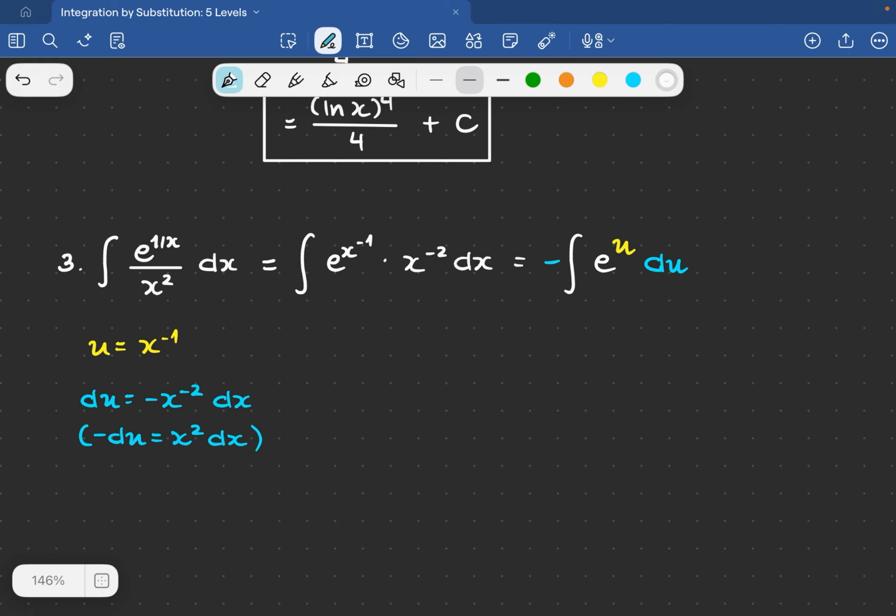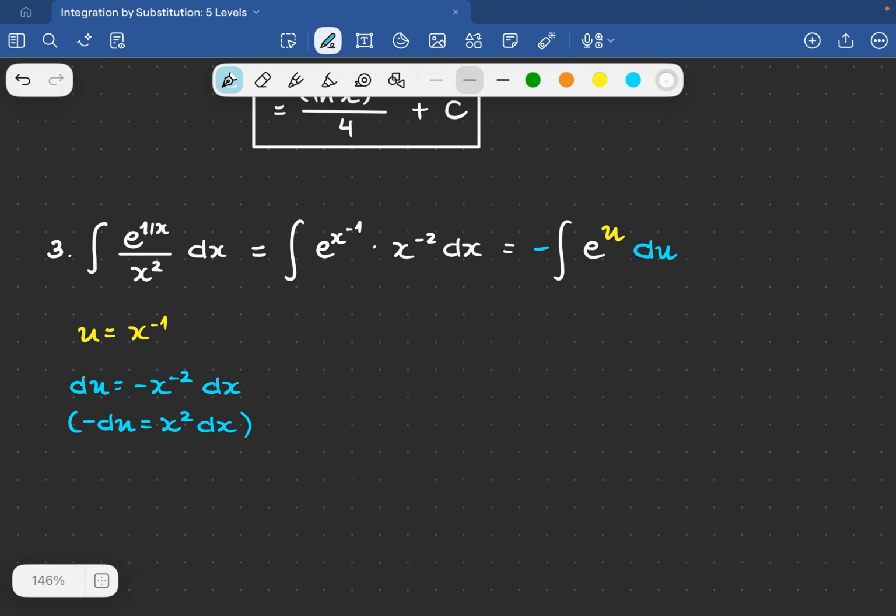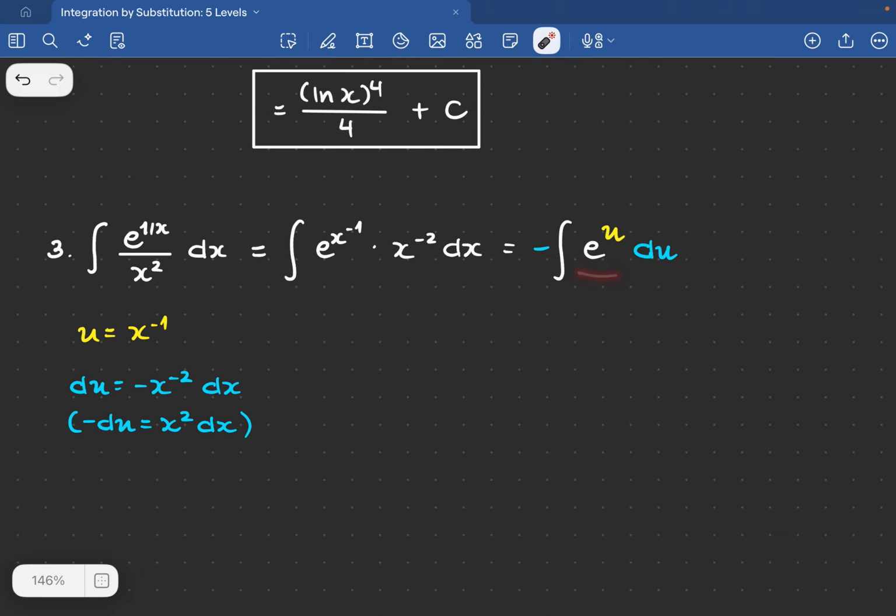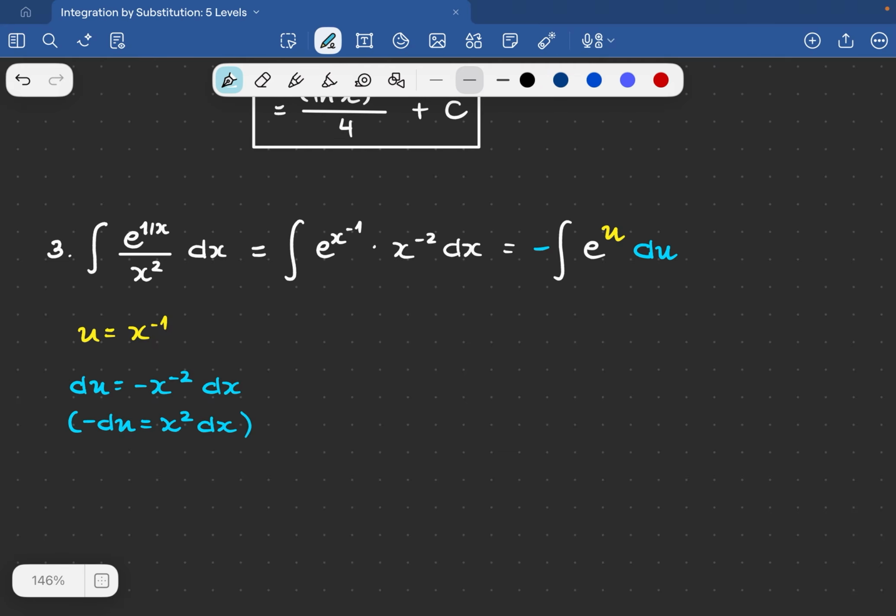And then from here, the integral of an exponential, specifically e raised to a variable, is just itself, right? Since the derivative of the exponential of e is just itself, the antiderivative would just be itself. There you go.